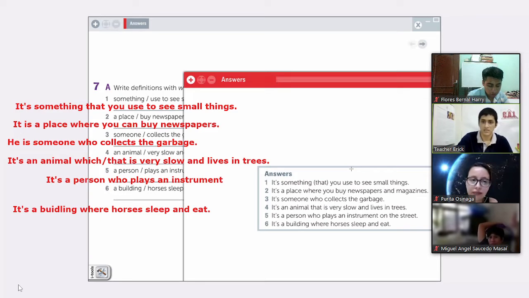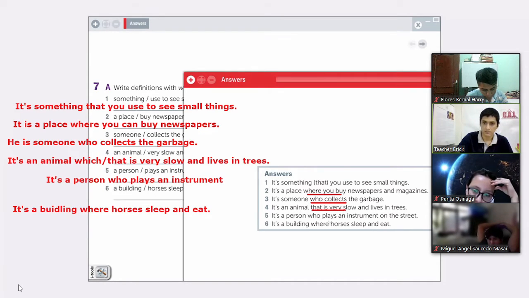Number 2, it's a place where you buy newspaper and magazine. Number 3, it's someone who collects. Number 4, an animal that is very slow. Number 5, who plays an instrument. Number 6, where horses sleep. Okay. Do you have any question?